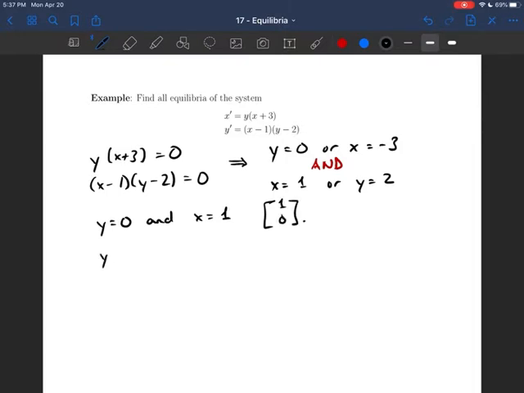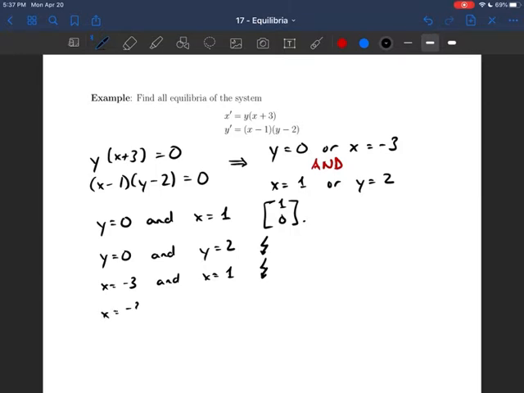So for example, we could have y equals 0 and x equals 1. That would give us an equilibrium solution of 1, 0, right? We could say, oh, well, I will have y equals 0, and from the second equation, y equals 2. That's a contradiction, so that doesn't give us an equilibrium.